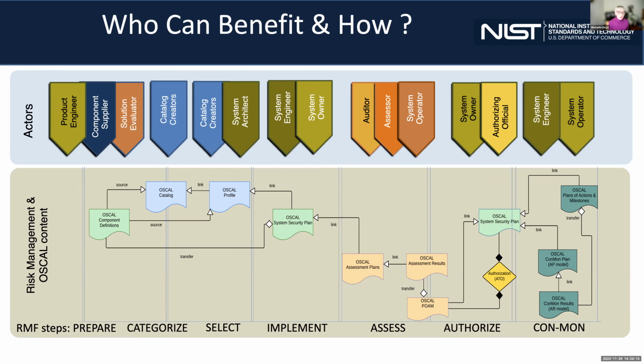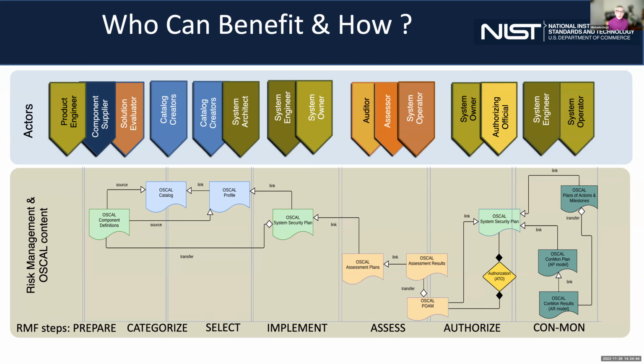So how you can prepare, how you can categorize and select the controls that you need, how you are going to implement them, and then the assessment part that you have in there. You end up with an authorization to operate, but you want to continuously maintain that. And you are also mandated, as part of the risk management framework under the compliance regime, under requirements coming from FISMA, to continuously monitor your system.